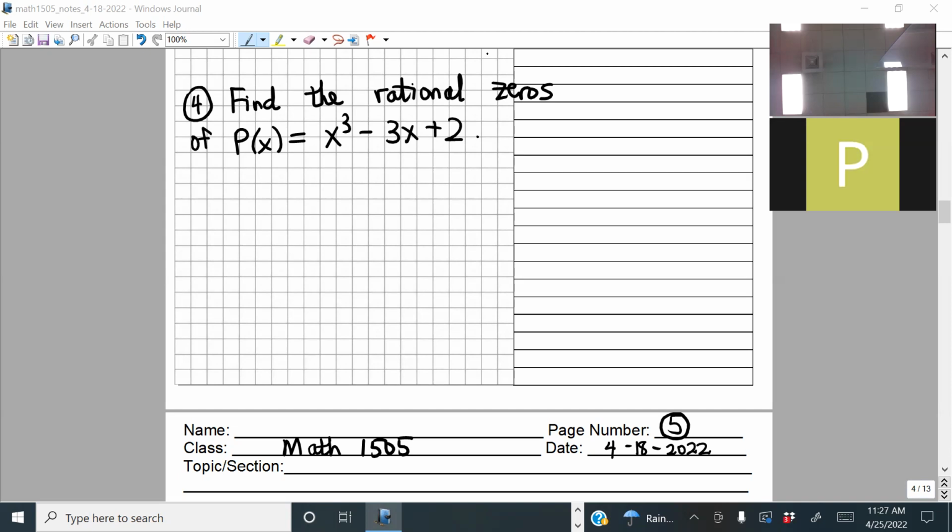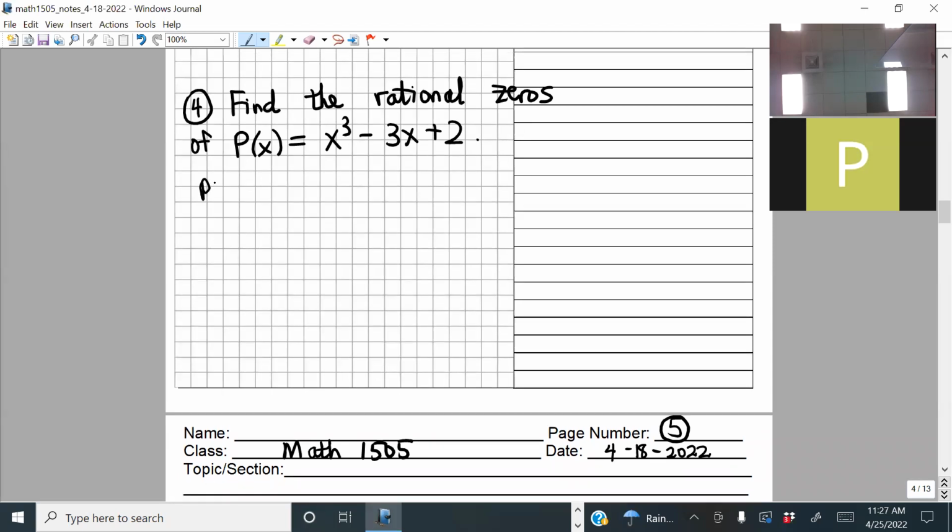So here's what you do: take the constant coefficient and write down the factors of it. Here our constant coefficient is 2. That's an easy number, a prime number, so there's only a few ways of writing 2 as a product. You can write it as 1 times 2.